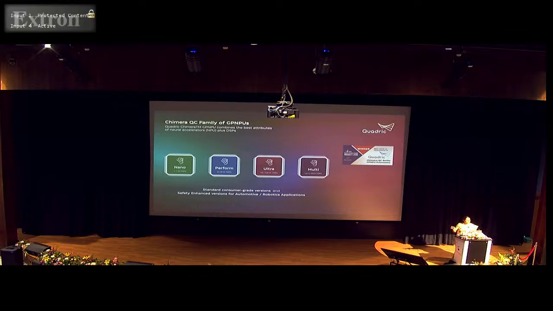For example, Nano is for 1 to 7 AI TOPS, then Perform is for 4 to 28 AI TOPS, Ultra is for 16 to 108, and then we have Multi, which can go up to 800 teraflops. So this is the NPU for us.